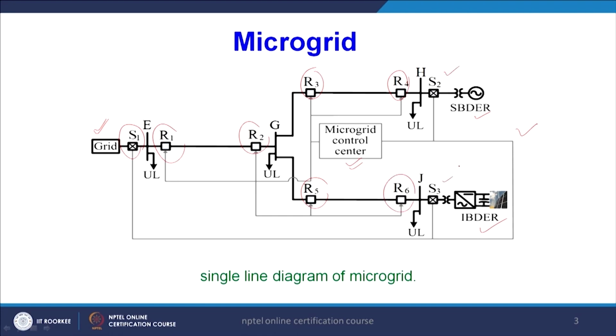All the relay and circuit breaker information can be sent to the main microgrid control center, where we will take the final decision, and that decision is going to be more accurate and reliable for operation of the microgrid protection.